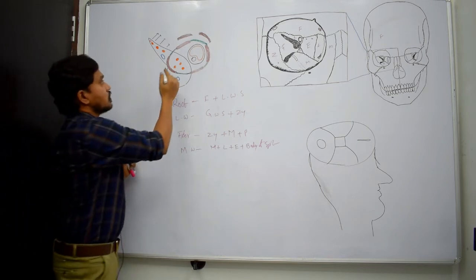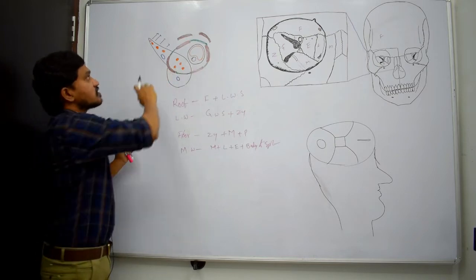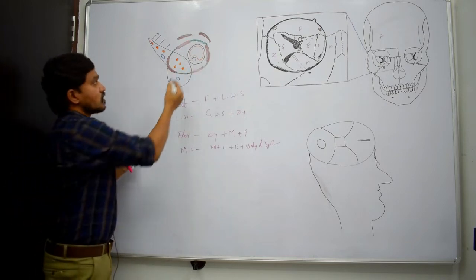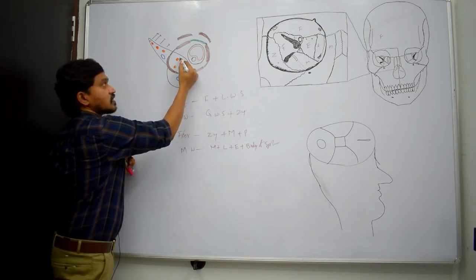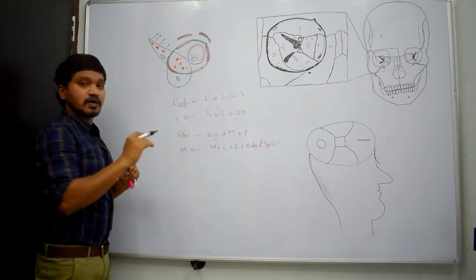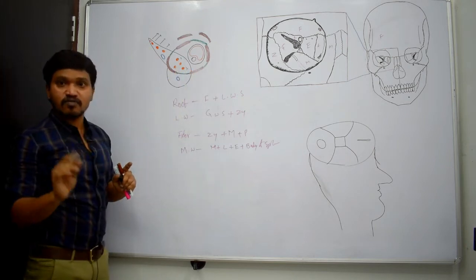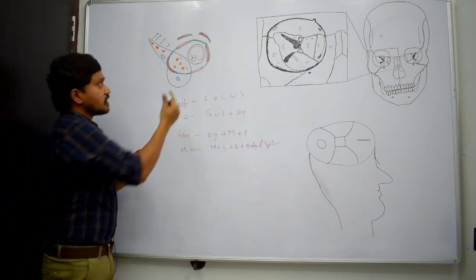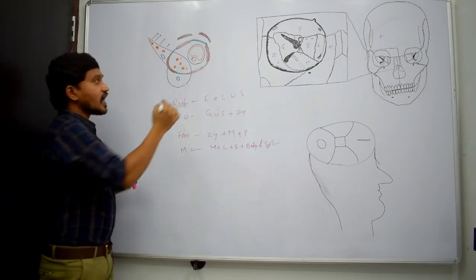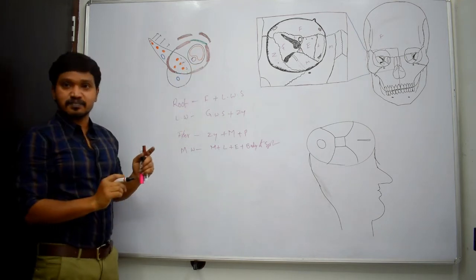Then in the middle part, that is within the common tendinous ring of Zinn. This is the third cranial nerve, upper division. This is also the third cranial nerve, lower division. Then in between, the nasociliary nerve.